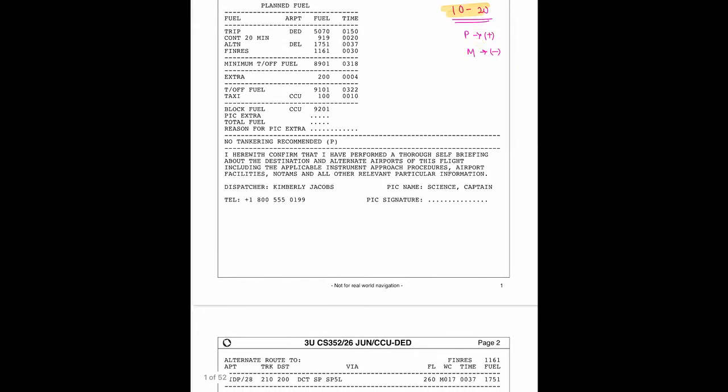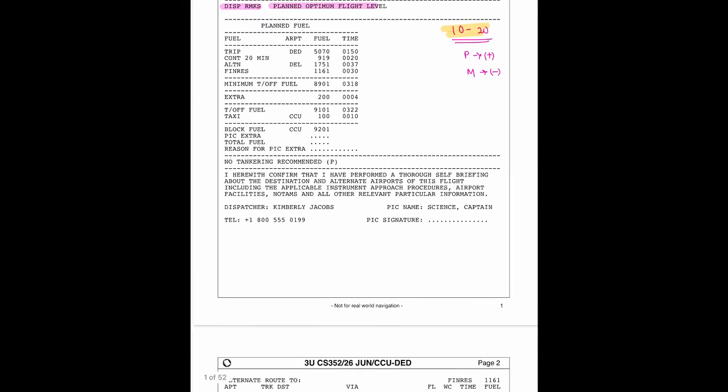Now the fuel, okay. So fuel, you can see, there are many kinds of fuel. This is the airport, this is the fuel in kgs actually, and this is the time, okay. So there are 3 or 4 kinds of fuel: trip fuel, contingency fuel, which is approximately 5% of the trip fuel, alternate fuel, final reserve fuel, and then our taxi fuel.